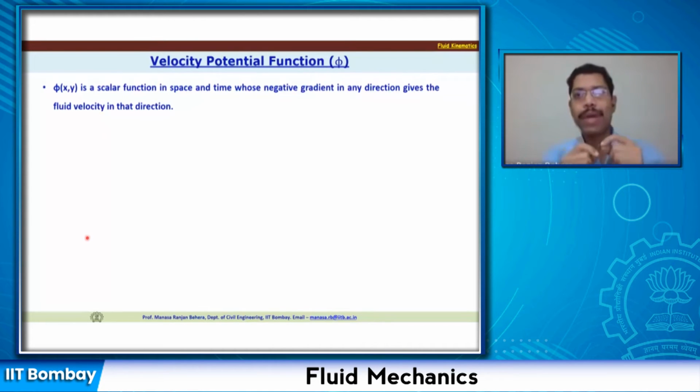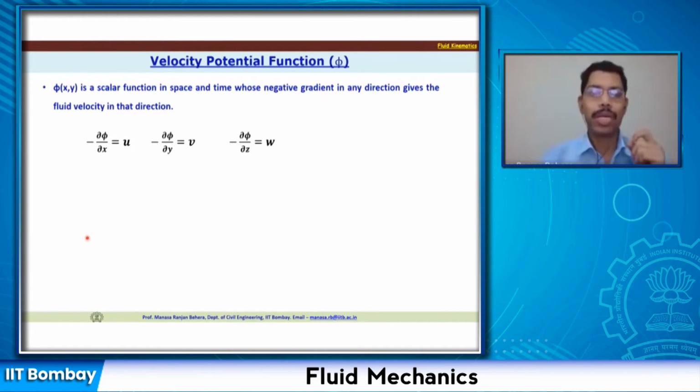If you take dou phi by dou y, it should give the velocity in the y direction. All right. So now let us write it down. If I write dou phi by dou x is going to give me u, dou phi by dou y is going to give me v, dou phi by dou z is going to give me w.